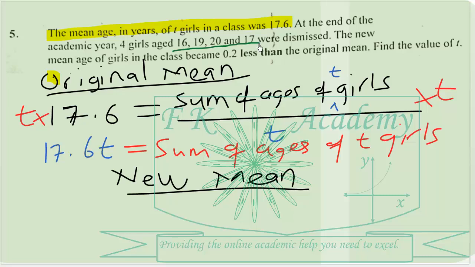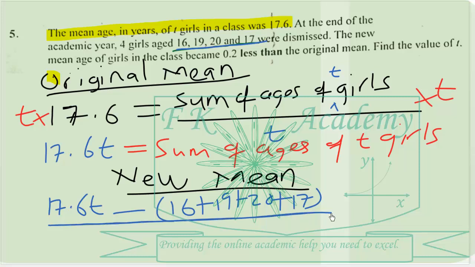So the new mean will be given by 17.6t. That is the original sum. We have to reduce by the sum of the ages of the girls that left: 16 plus 19 plus 20 plus 17.